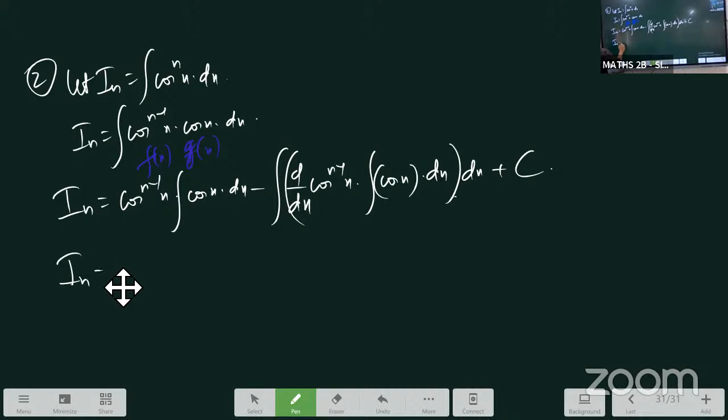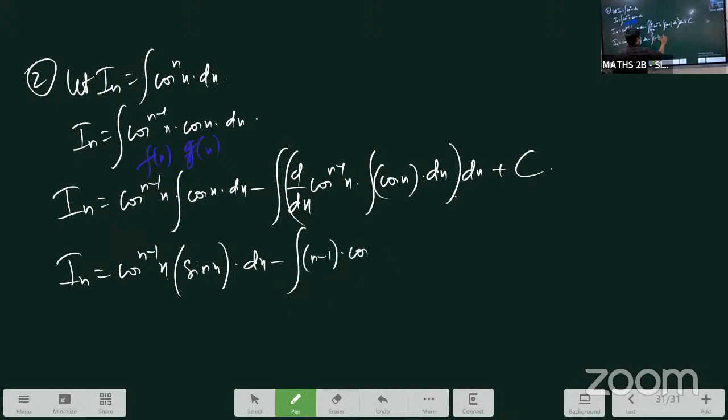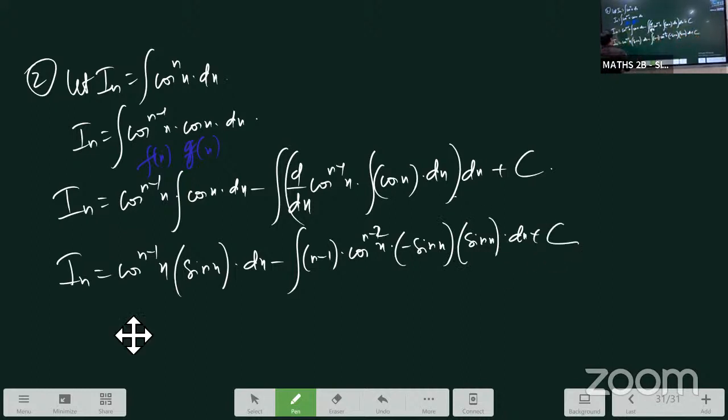So In is equal to cos to the power n minus 1 x, integration of cos x is sin x, dx. Now d by dx of cos power n minus 1 is n minus 1 cos power n minus 2 x. Now cos x derivative is minus sin x. Integration of cos x is sin x dx. Is it clear? That is nothing but cos to the power n minus 1 x sin x.